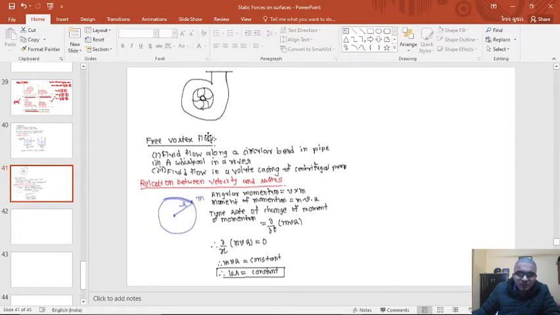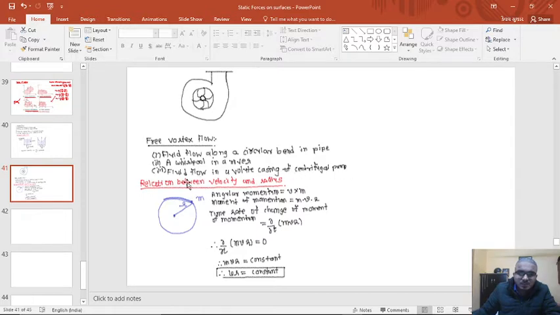Second is free vortex flow. There are few examples of free vortex flow. Fluid flow along a circular bend in a pipe, a whirlpool in a river, and a fluid flow in a volute casing of centrifugal pump are the few examples of free vortex flow.